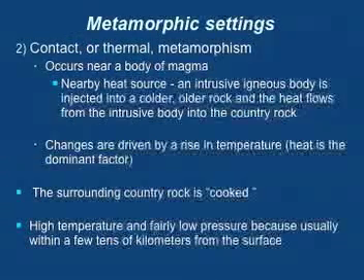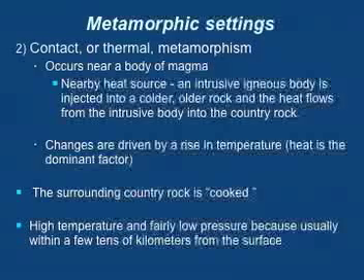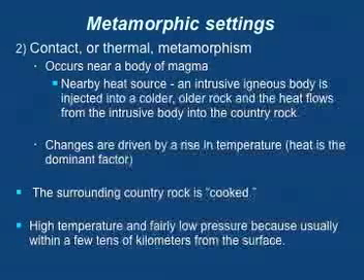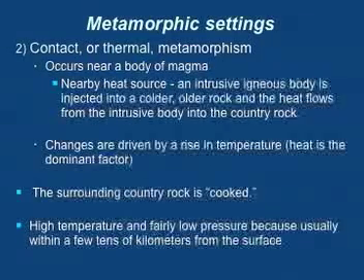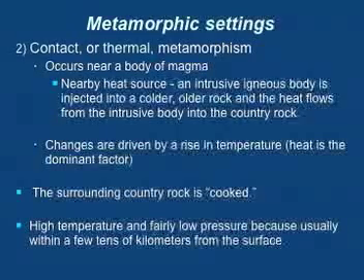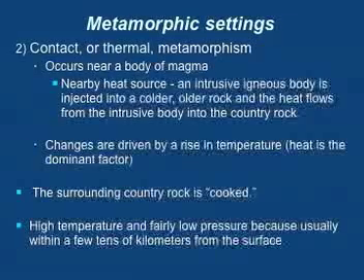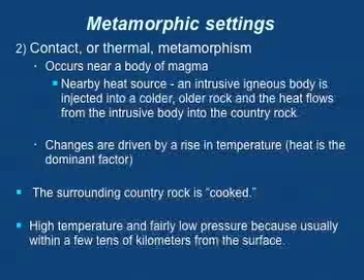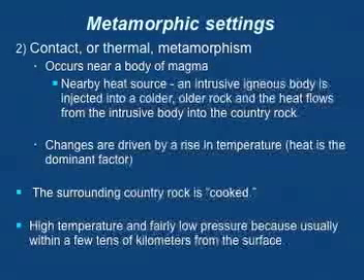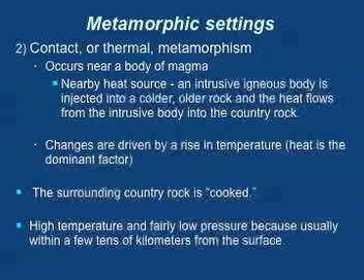All right, my second metamorphic setting is contact metamorphism. This is a smaller scale, and this occurs when you just have a hot body of magma, some hot source. So if you have just a blob of magma that's come up, it's in contact with older rock that's colder, it can actually melt some of that maybe even, but what it doesn't melt, it just changes, would be the contact metamorphosed rock.